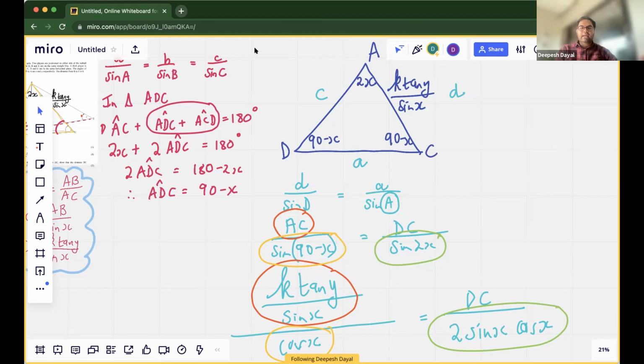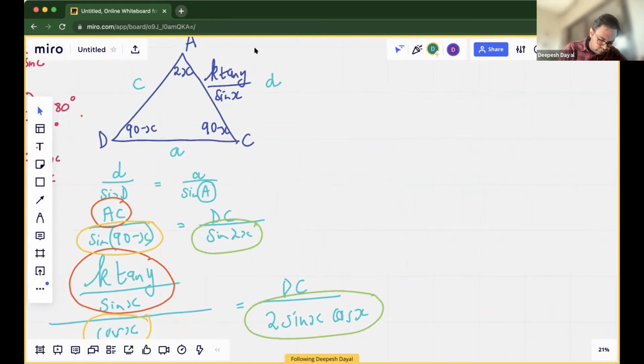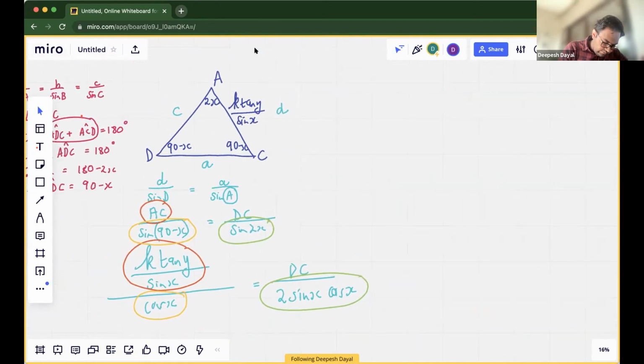Okay. Then we need to solve for DC. The question wants us to solve for DC, right? So DC is going to be our subject of the formula there.